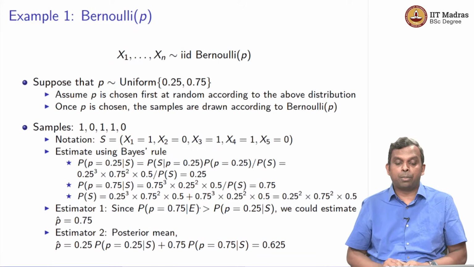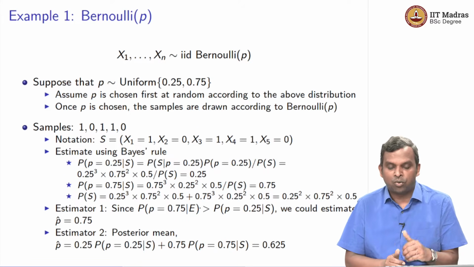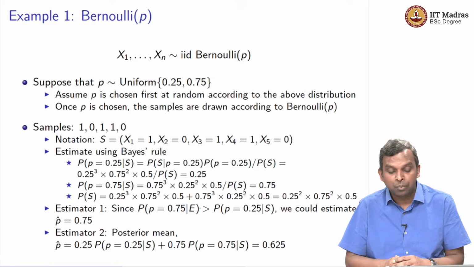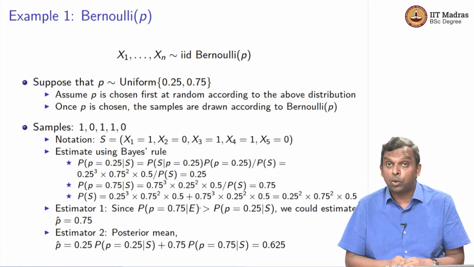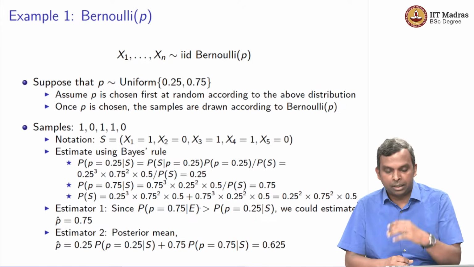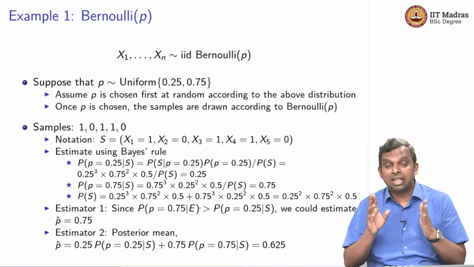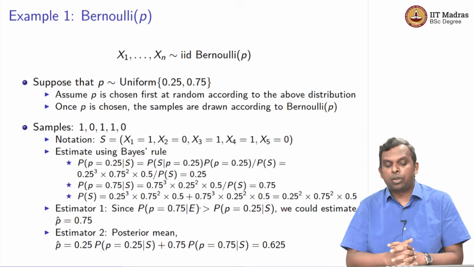Another very popular approach is something called the posterior mean. What are all these words, posterior and so on, we will see soon enough. But estimator 2 is much more popular than the first one. It is called the posterior mean. Instead of saying which is greater and picking that one value, I will take the expected value of the posterior distribution.